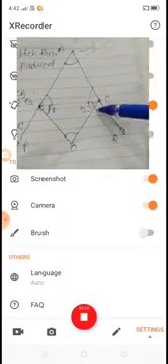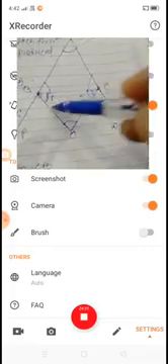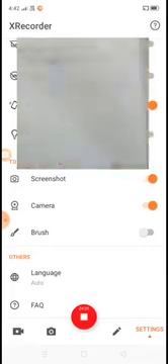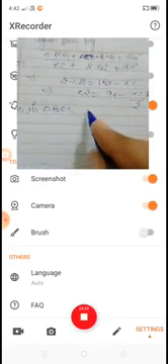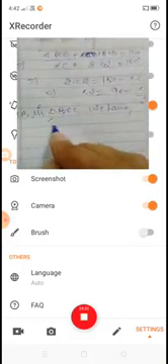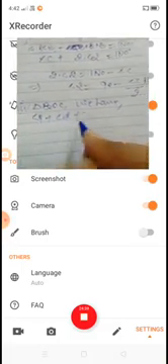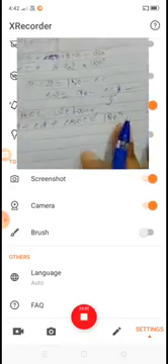Now we have found angle 1 and angle 2. Now in triangle BOC we use the angle sum property of the triangle. In triangle BOC we have angle 1 plus angle 2 plus angle BOC is equal to 180.